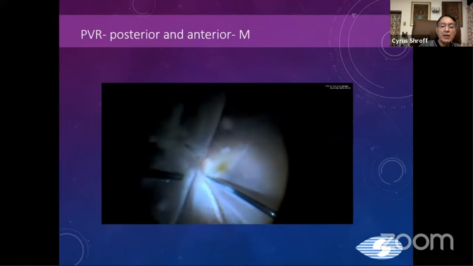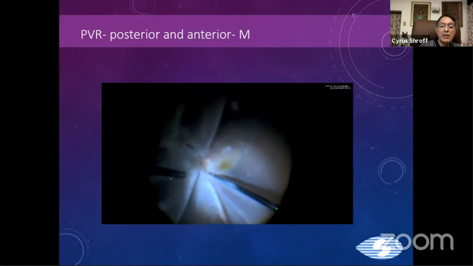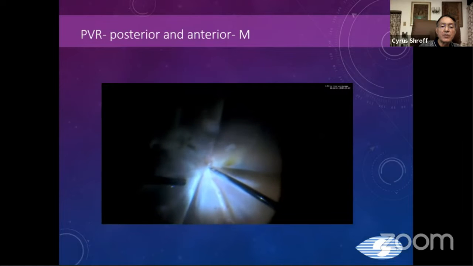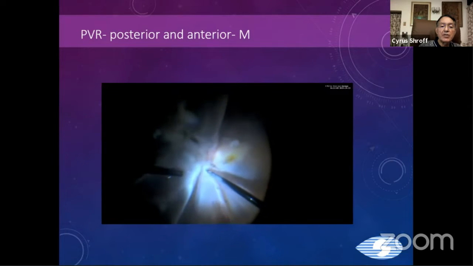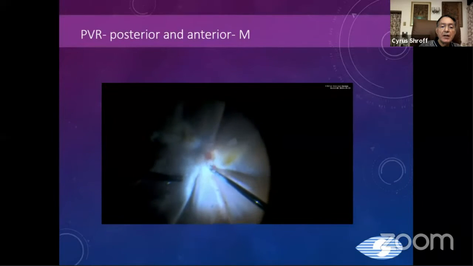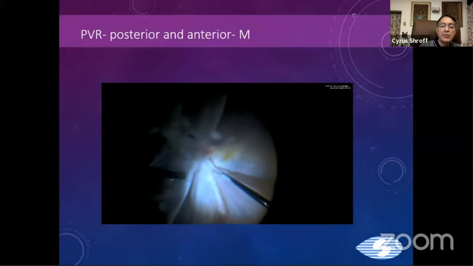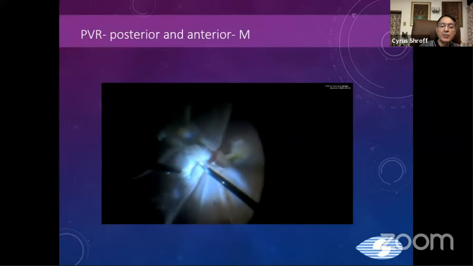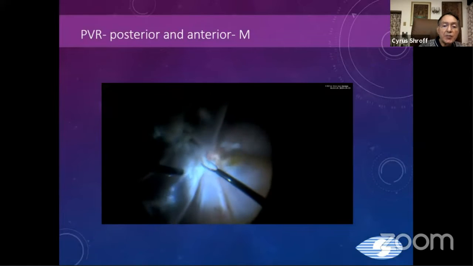This is a PVR case, and you see that there's a tight contracted fold at the posterior pole, and the retina is relatively stiff and immobile. And this thick membrane is now being gradually eased off the posterior pole and brought anterior.